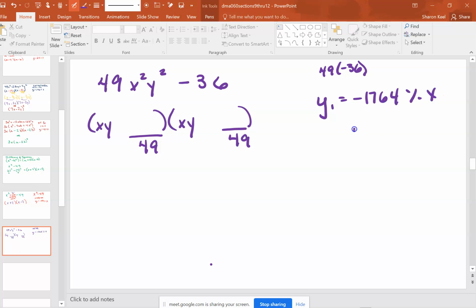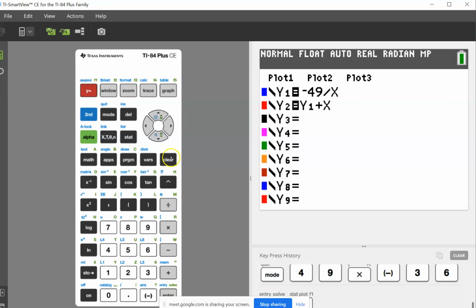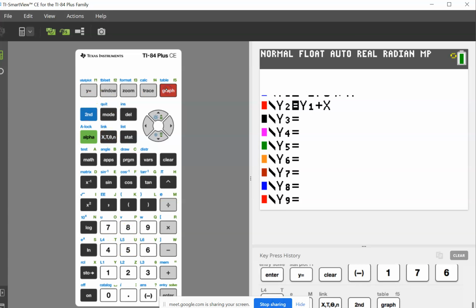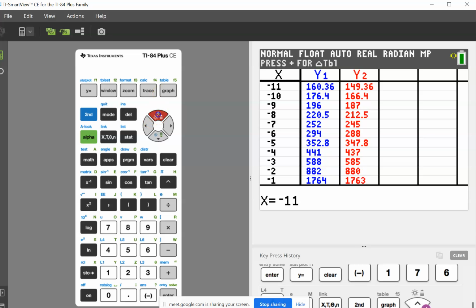The middle term, the b, is going to be a 0 because we are missing that term. Okay, so on y1, clear, negative 1764 divided by x, second table, and I'm going to be looking for a 0.